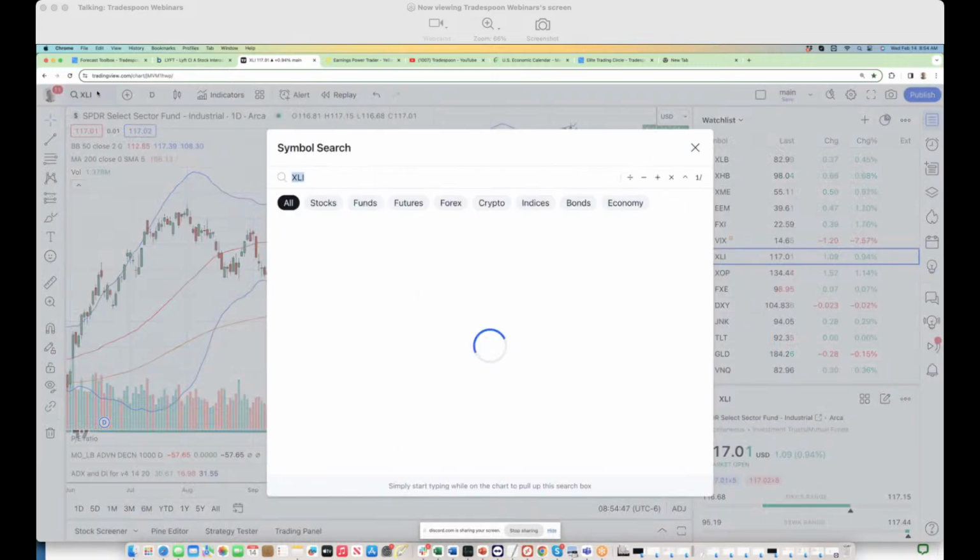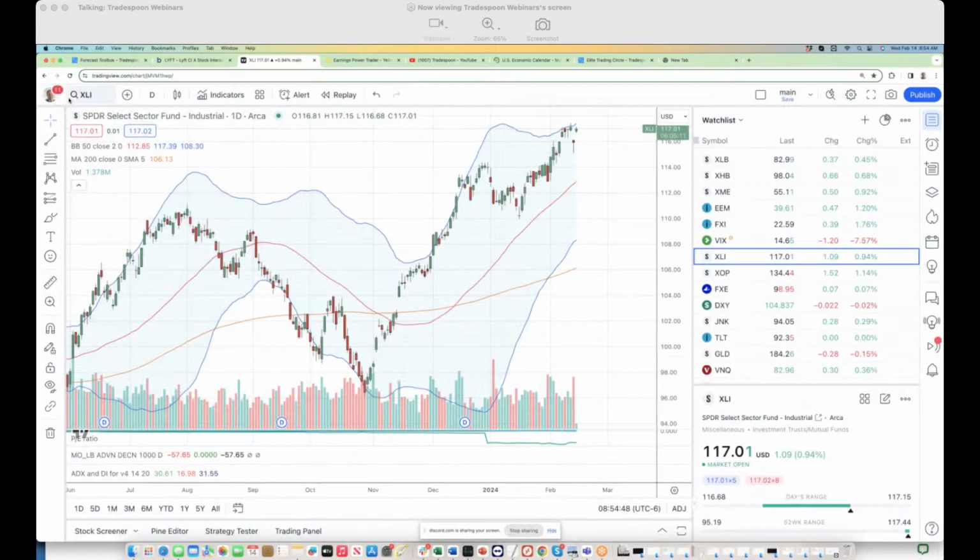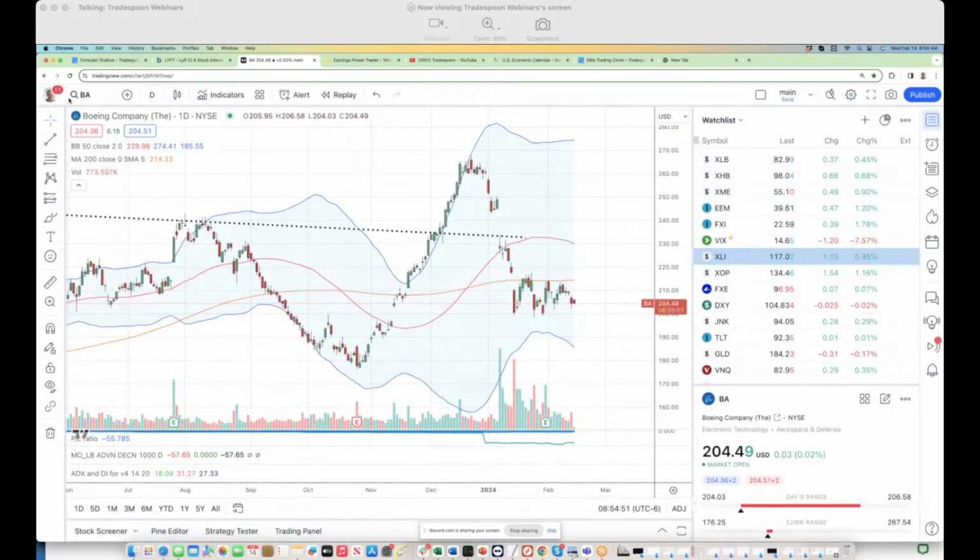Somebody asked about Boeing. Boeing's in trouble, right? The good news, it's not making new lows for the past months or so. So as long as it's above 200 level, I wouldn't be worried about Boeing. And potentially it needs to get above the 200-day moving average to start recovering.